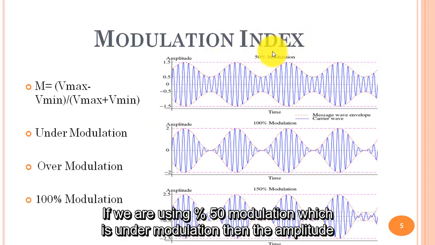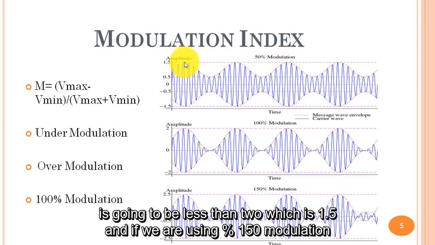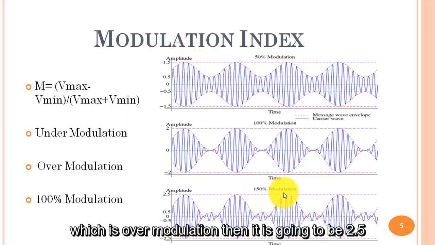If we are using 50% modulation, which is under modulation, then the amplitude is going to be less than 2, which is 1.5. And if we are using 150% modulation, which is over modulation, then it is going to be 2.5.